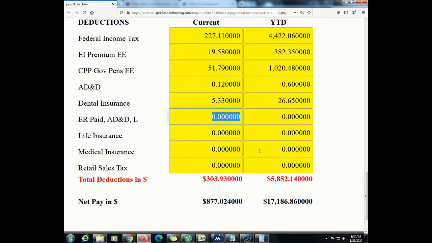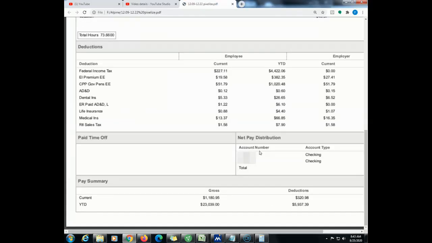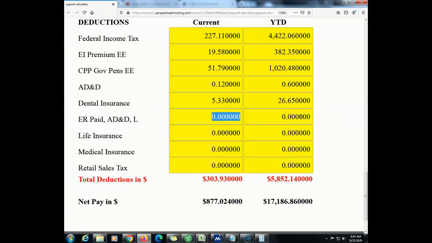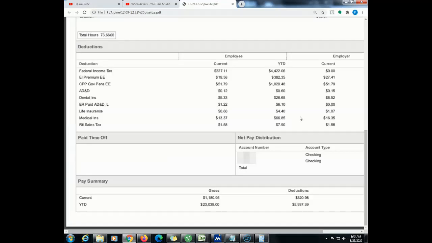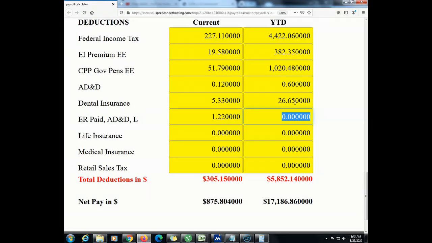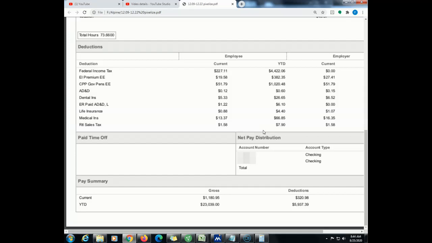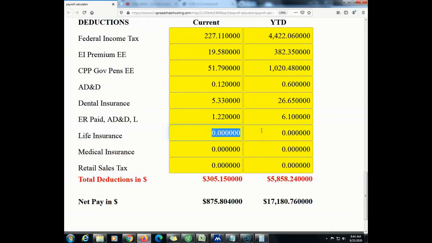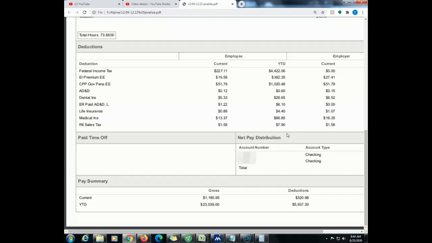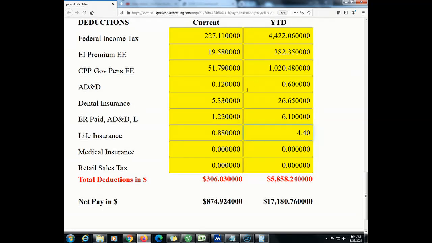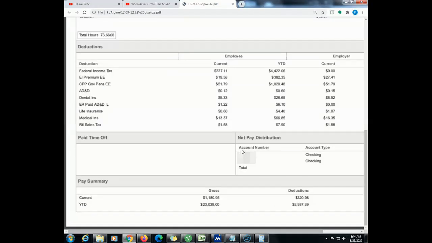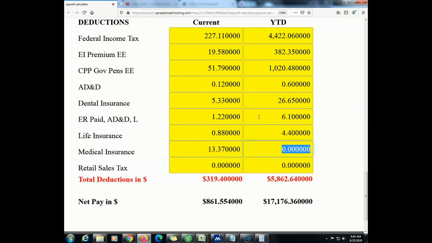For your accidental death and dismemberment insurance, let's say the deduction is $1.22, year to date $6.10. Your life insurance, let's say your deduction is 88 cents, and your YTD figure is $4.40. Medical insurance, $13.37, year to date $66.85.